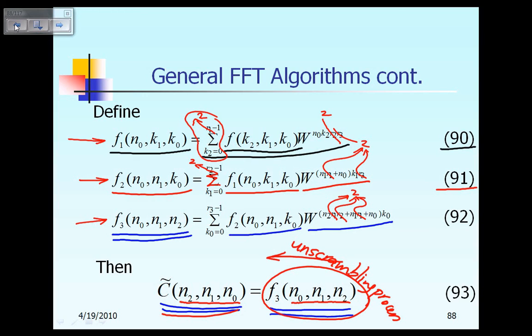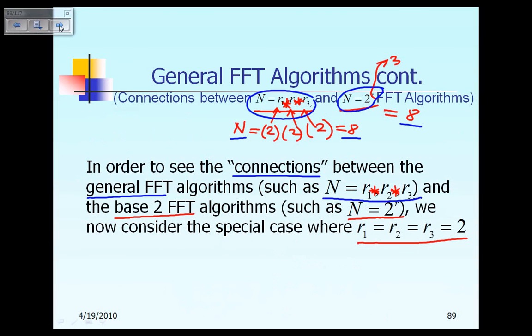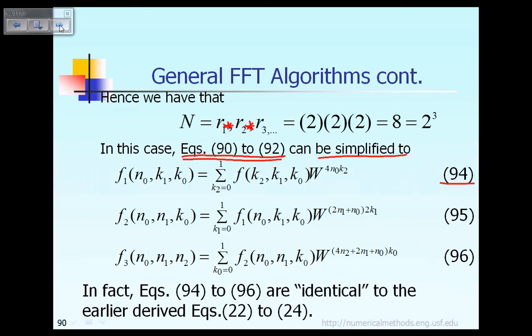And again, because R3 is equal to 2, the summation on the index K0 is also going from 0 to 1. So equations 90, 91, 92, after you substitute R1, R2, R3 each equal to 2, become simpler, like equations 94, 95, and 96.